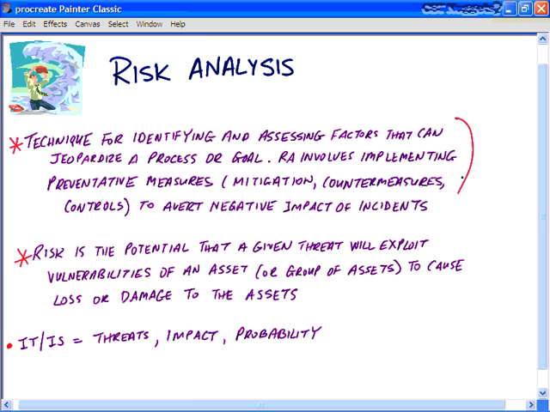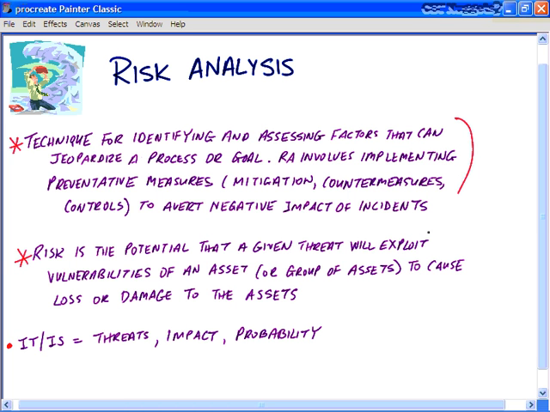Risk analysis involves implementing preventative measures, which means mitigation, countermeasures, and controls to avert the negative impact of incidents. The bottom line is this: unless you're going to plan to put into place mitigation techniques and countermeasures and controls to address this risk, then basically the analysis is for naught, because obviously risk and risk mitigation go hand in hand.